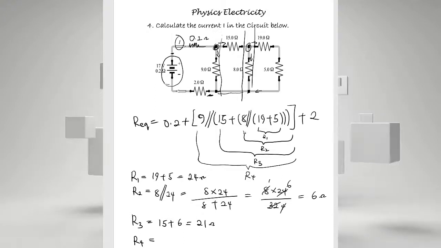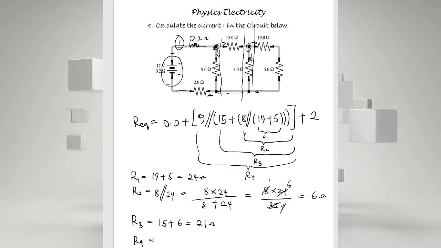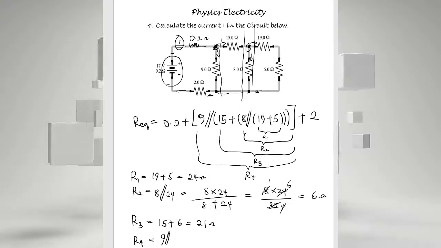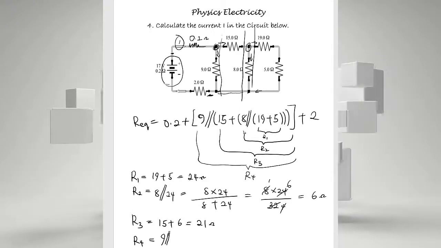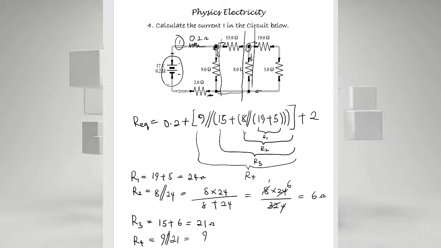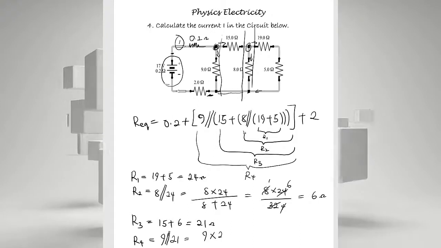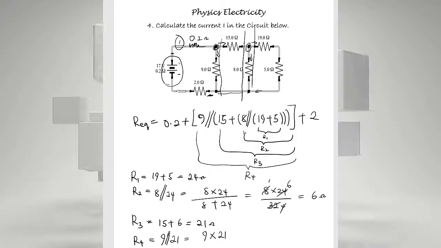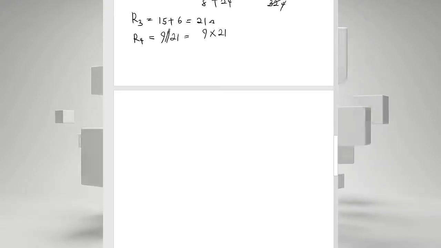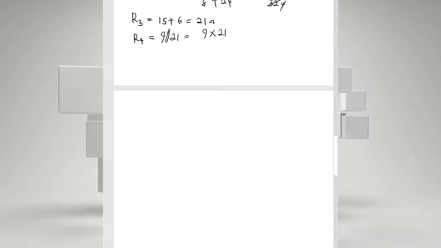R4 is going to be equal to 9 in parallel to the remainder of the circuit, which is 9 in parallel to 21.